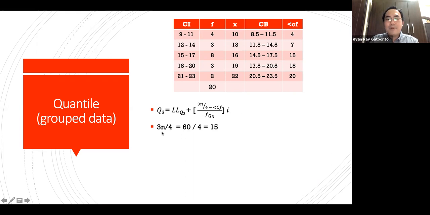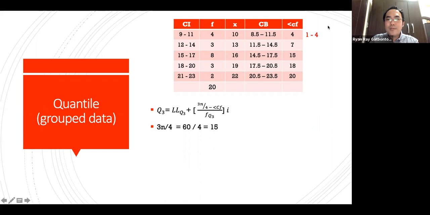So for this example, the first step that we do is determine the value of your third quartile, which is 3n divided by 4. So this is 3 times 20, that's 60, divided by 4, because we divide it into 4 cut points. That gives us 15. So again, the next step is to identify the interval which contains our third quartile.